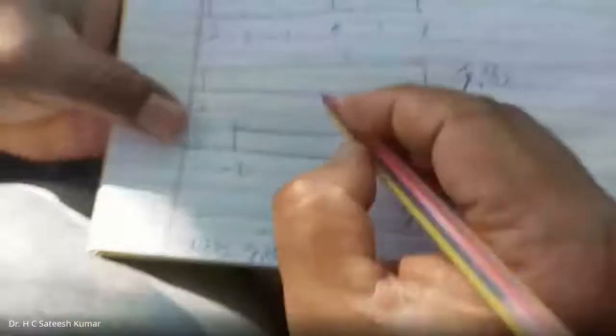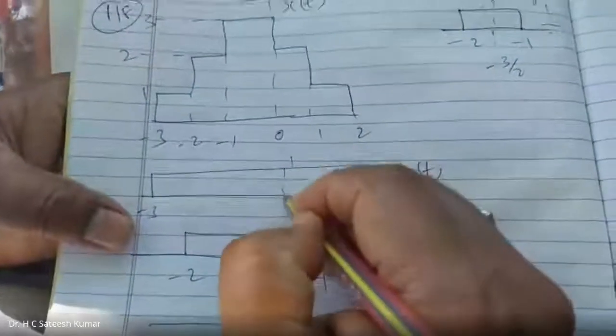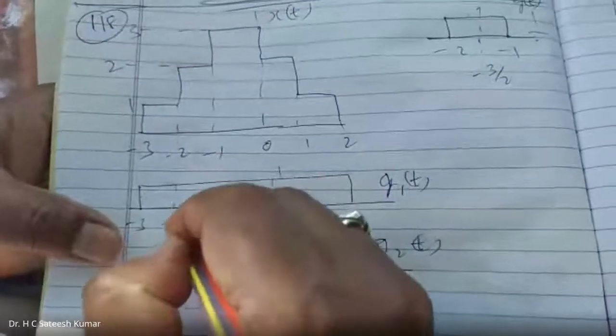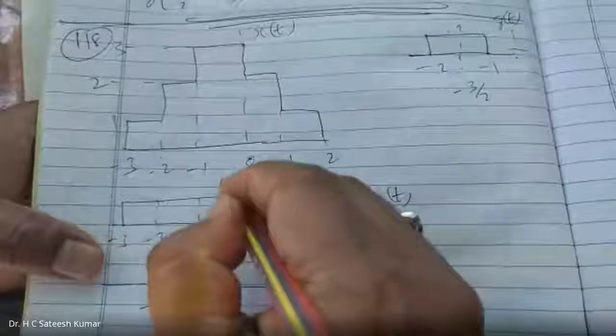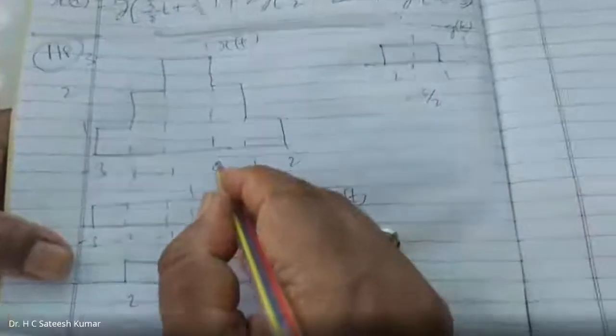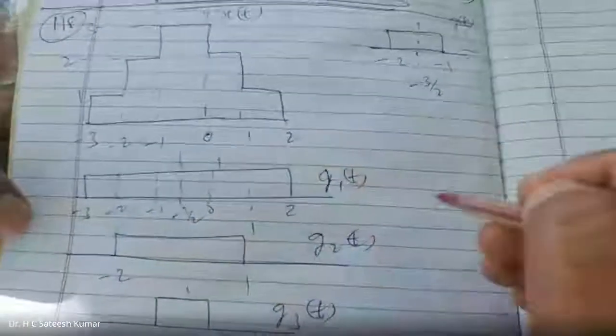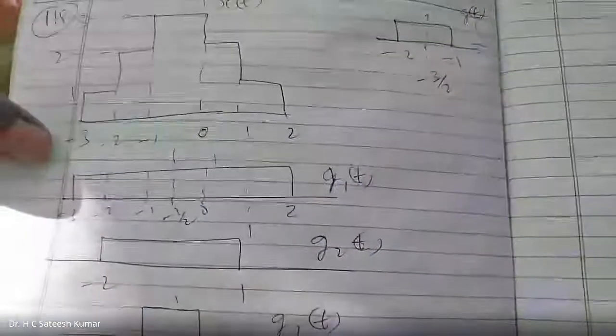Midpoint of g1 of t is what? So this is 1, this is 0, this is -2, this is -1. Between 0 and -1 is the midpoint. So midpoint of g1 of t is minus half.